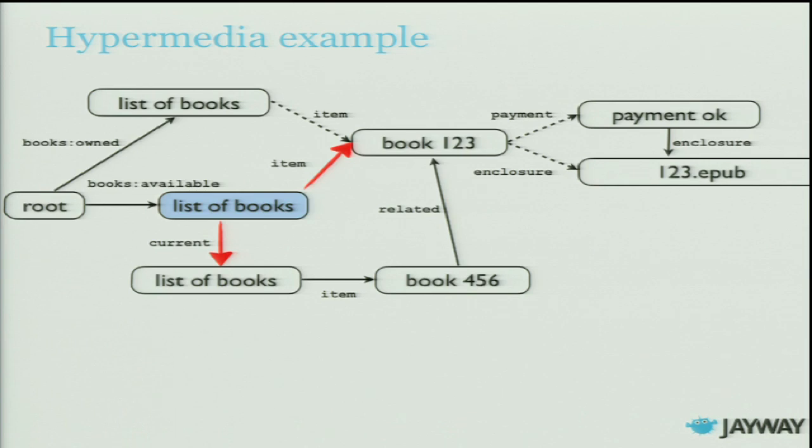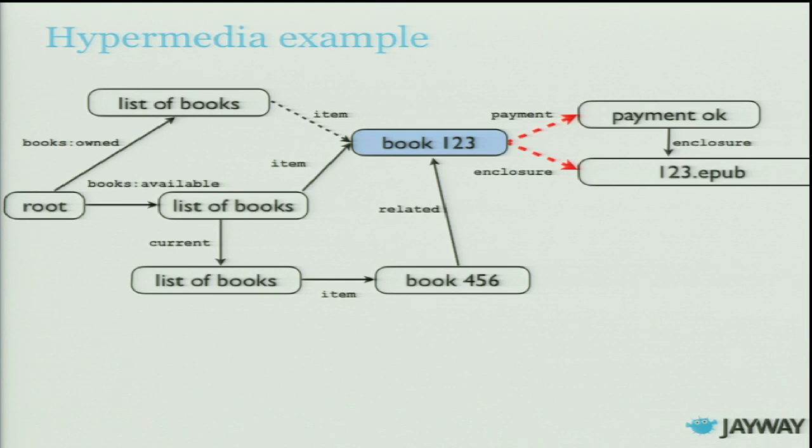The client decides to follow the specific link to book 1, 2, 3, and we get a description of the book: the author, the title, the price, things like that. And depending on whether we have bought this book or not, we get a link to the payment resource, or a link to the download resource.